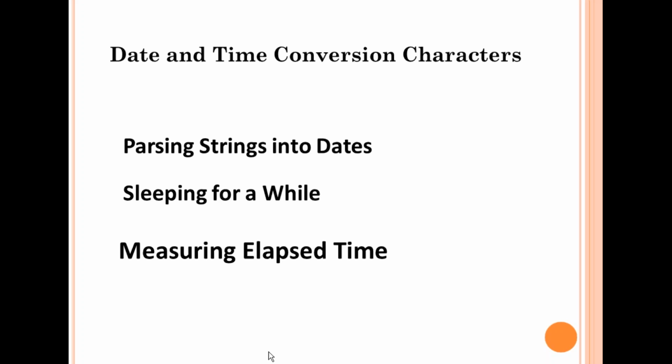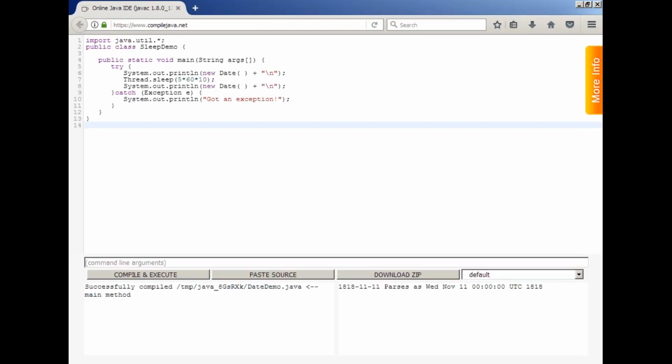Sleeping for a while. You can sleep for any period of time from 1 millisecond up to a lifetime of your computer. For example, the following program would sleep for 3 seconds. Compile and execute the program. This program can be found in your documents.